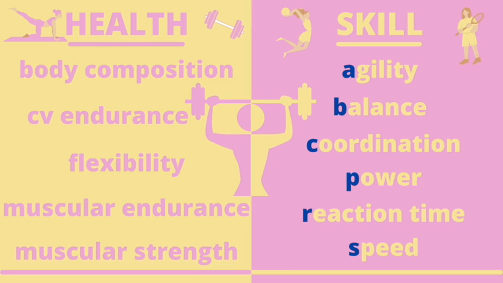Try and remember that, ABCPRS, and that acronym should help you to remember the skill-related components of fitness. The other components of fitness, health-related, so we've got body composition, CV endurance, flexibility, and then endurance and strength, both muscular. And that is the difference between health and skill-related components of fitness.